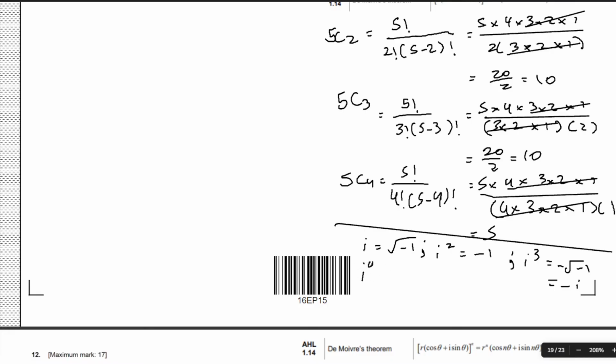Then our i to the power 4 would be minus i times root of -1, so minus root -1 times root -1, which would be 1. All right.